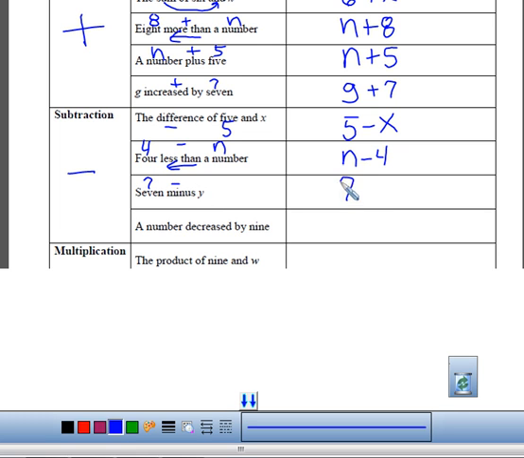It's exactly the order that the sentence has in it. And then a number, so n, decreased by, so subtract 9. So we're going to do n minus 9. Okay, so far so good. Alright, if you're needing to catch up, pause the video.